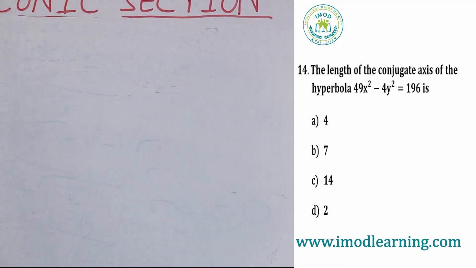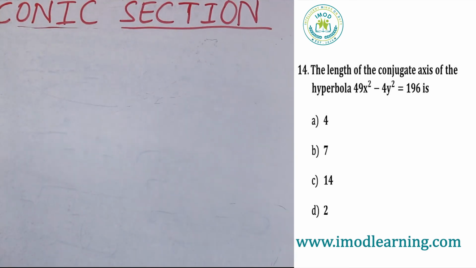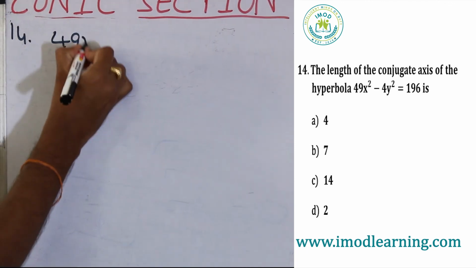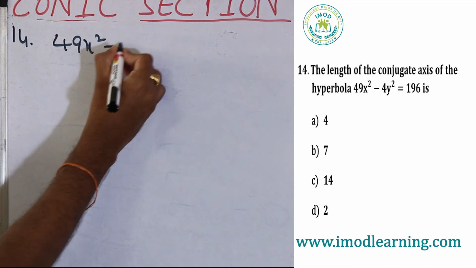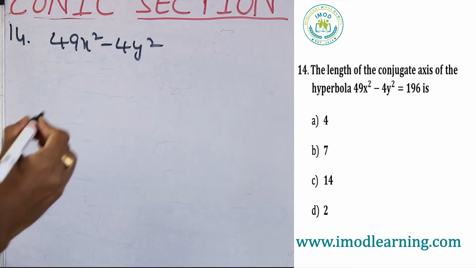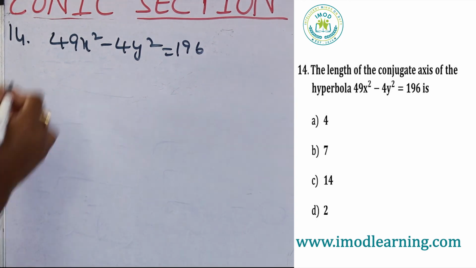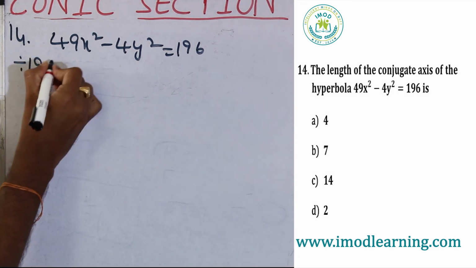the length of the conjugate axis of the hyperbola 49 x square minus 4 y square, which is equal to 196. First you convert to the standard form, dividing throughout by 196.